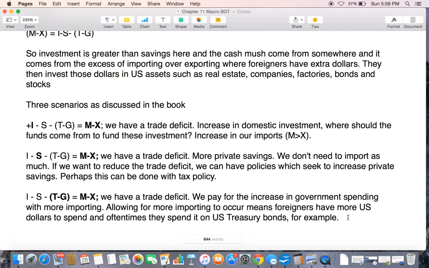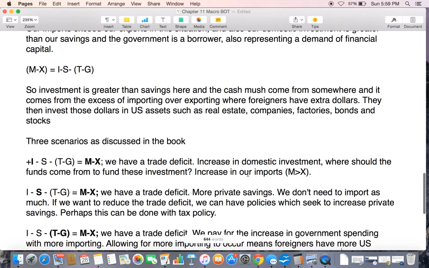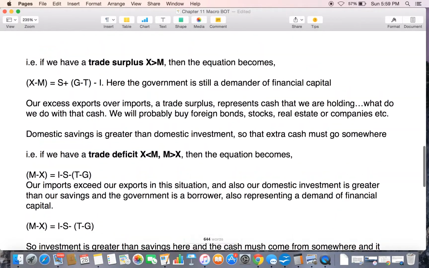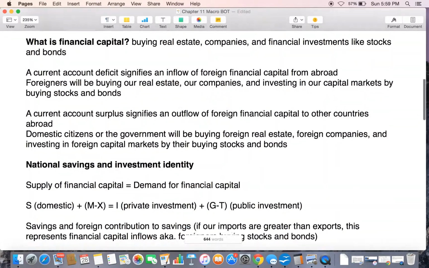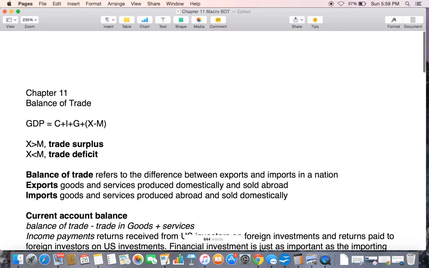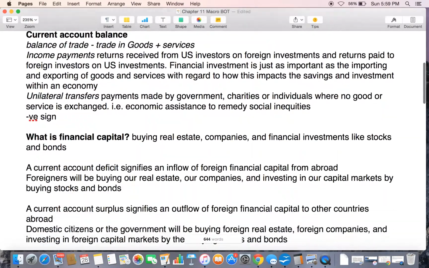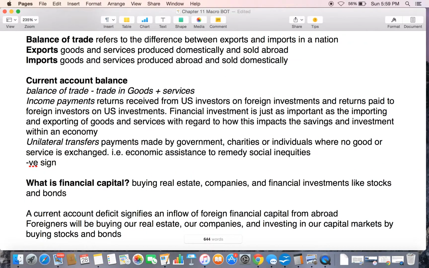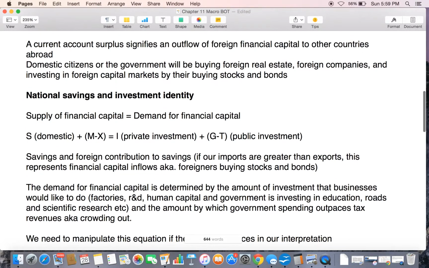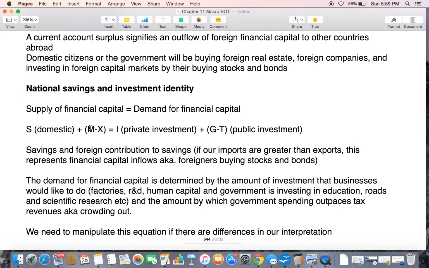So I just wanted to go over a couple of those scenarios. I hope that they are a little more clear now. And also we've taken a look at some of the important concepts this week. So looking at our trade surplus, our trade deficit, what is the balance of trade, what does exporting and importing mean, what is our current account balance and how do we analyze this, and then also what is this national savings and investment identity.